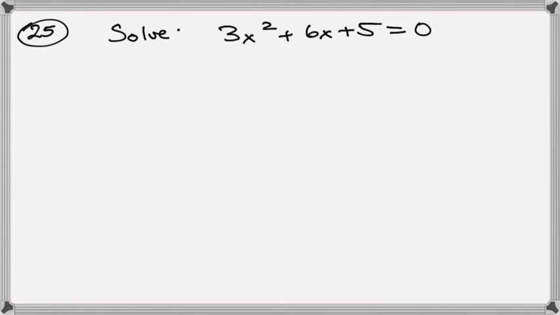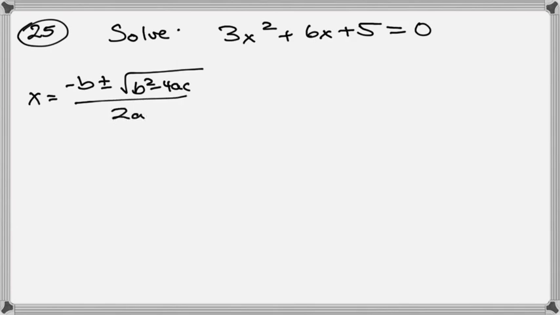Yeah, if you look at the answers, every single answer has a square root there, so it cannot be factored. Quadratic formula: opposite of b, plus minus the square root of b squared minus 4ac, all over 2a. A in this case is 3, b is 6, and c is 5.